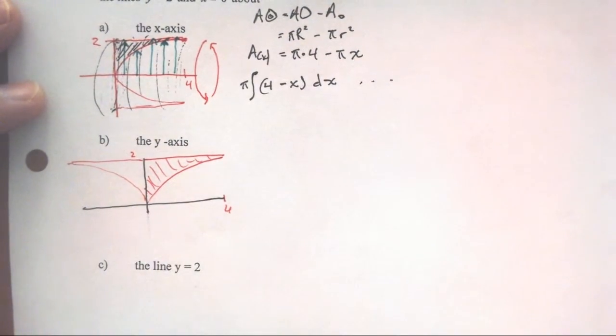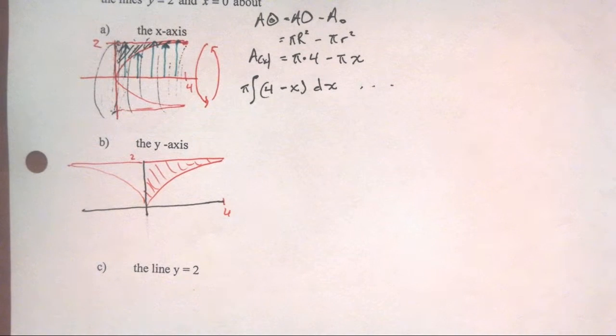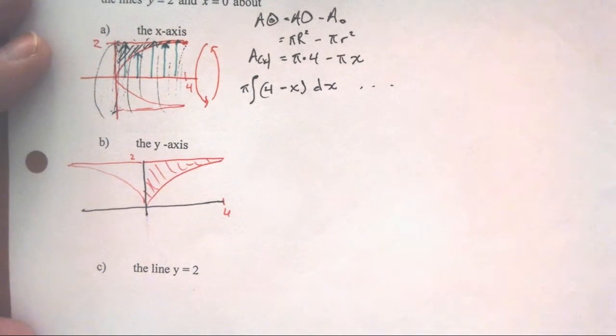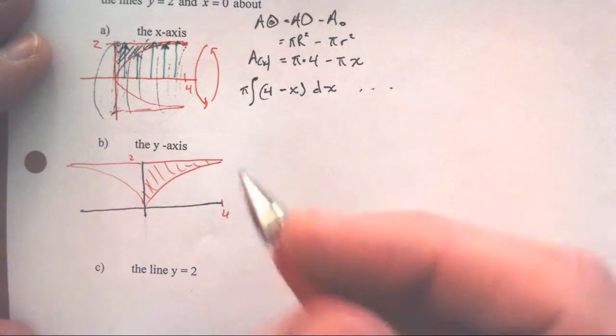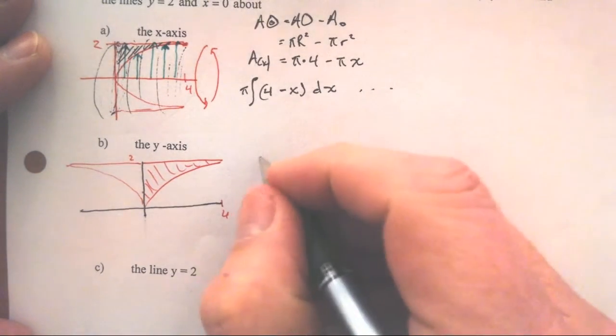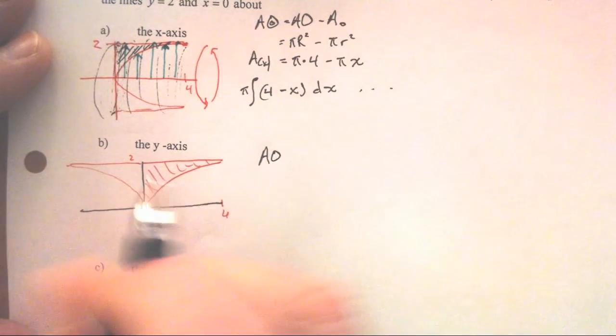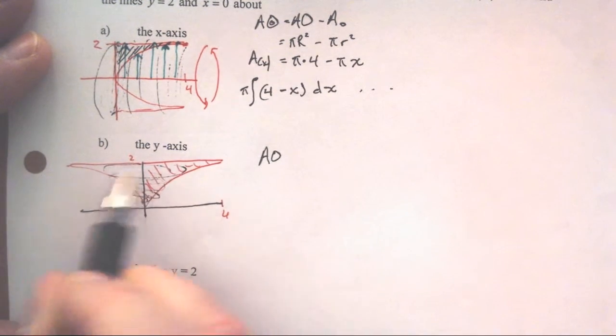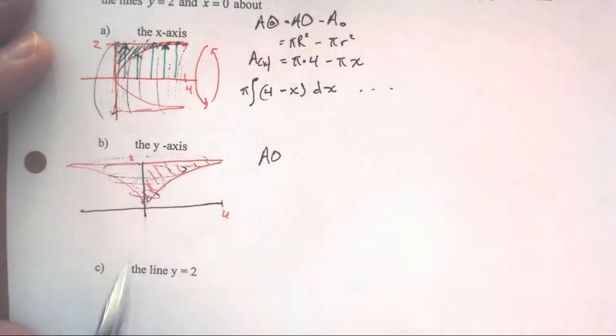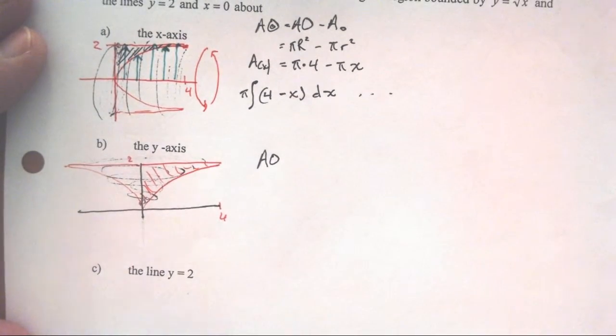So this can simply be a disk problem rather than a washer. So my area of my circles that I'm creating as I go circle here, circle here, circle here, circle here, as I go from 0 to 2, we see this is a dy problem.